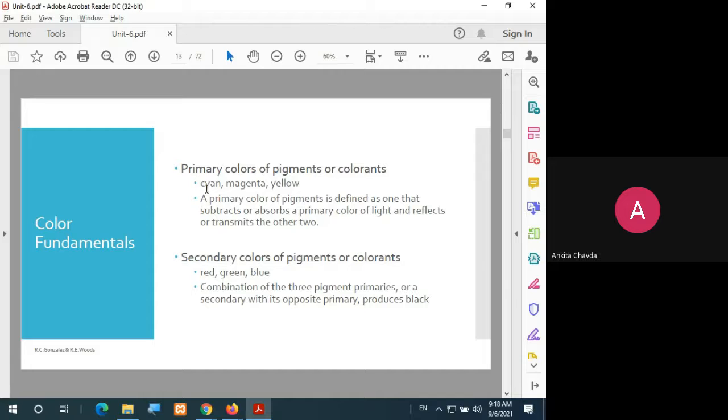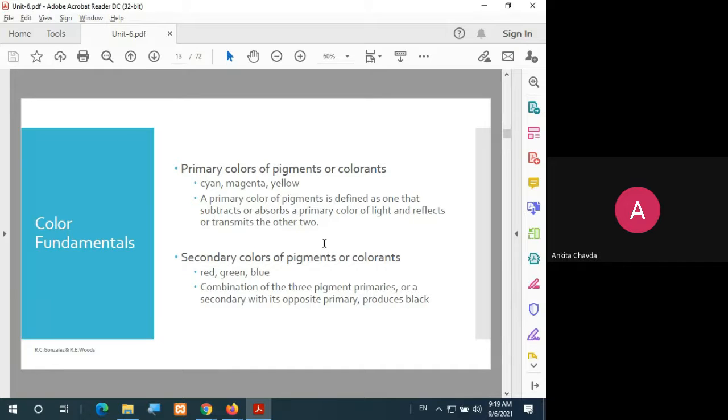So if you keep cyan, magenta and yellow, a primary color of the pigment is defined as one that subtracts or absorbs a primary color of the light and reflects or transmits the other two. So it will have that subtractive manner, cyan and the magenta color. If they are subtracted, then it will create blue color and so on, right?